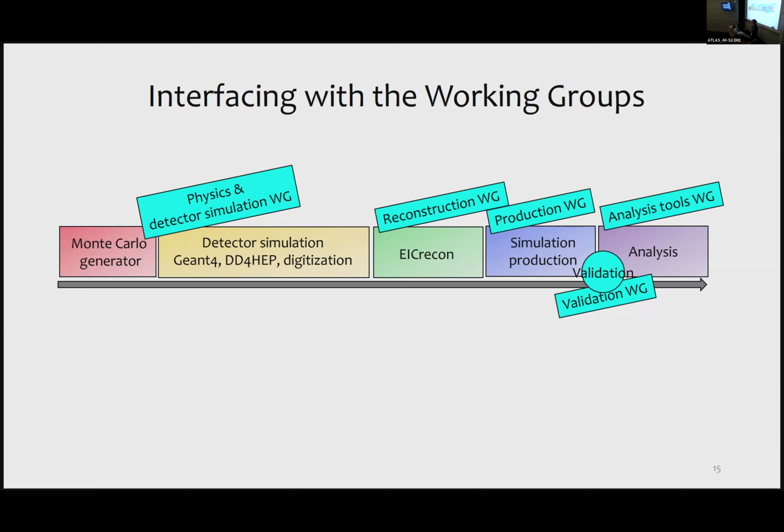We also have a production working group, so if you needed to ask for specific types of conditions or runs during a production effort, you could reach out to the production working group or work with them to have that. There's an analysis tools working group and a validation working group. So these are all different areas that, depending on what your task is, you might be able to reach out to or get involved in.